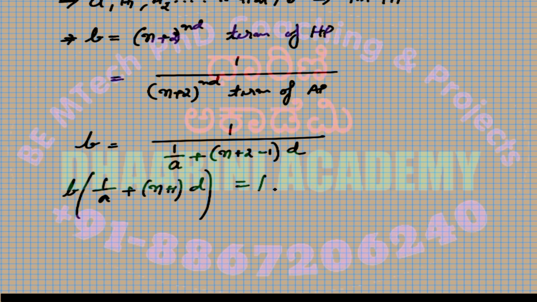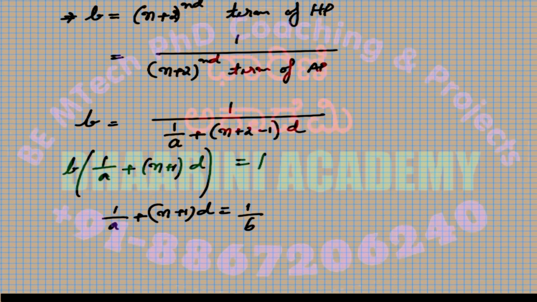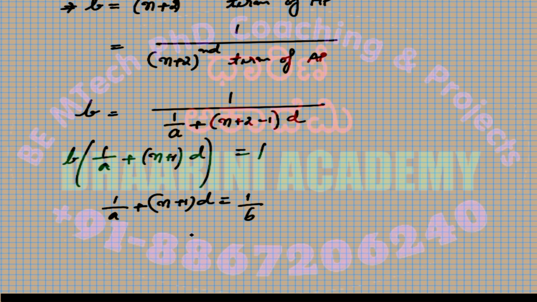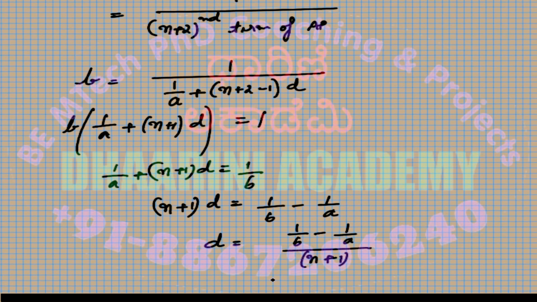Now I bring the B to the other side: 1 by A plus n plus 1 into D should be equal to 1 by B. Now I bring the 1 by A to the other side, so n plus 1 times D should be equal to 1 by B minus 1 by A. So what is D? D should be equal to 1 by B minus 1 by A, whole divided by n plus 1. This is the easiest way to get the answer for D.